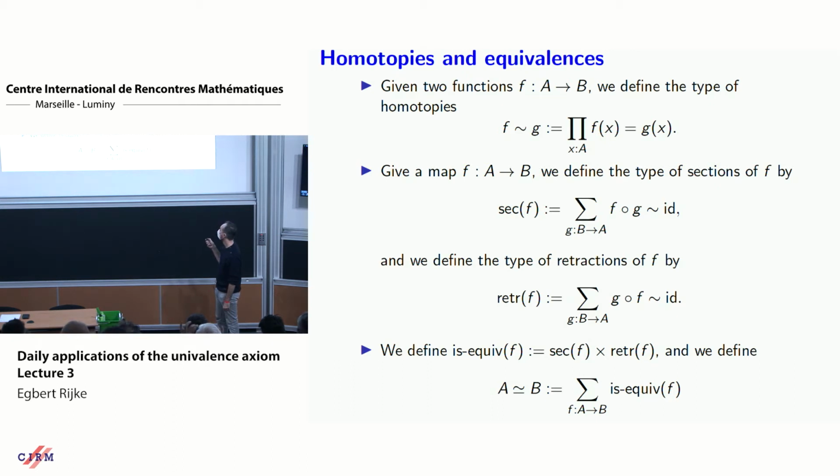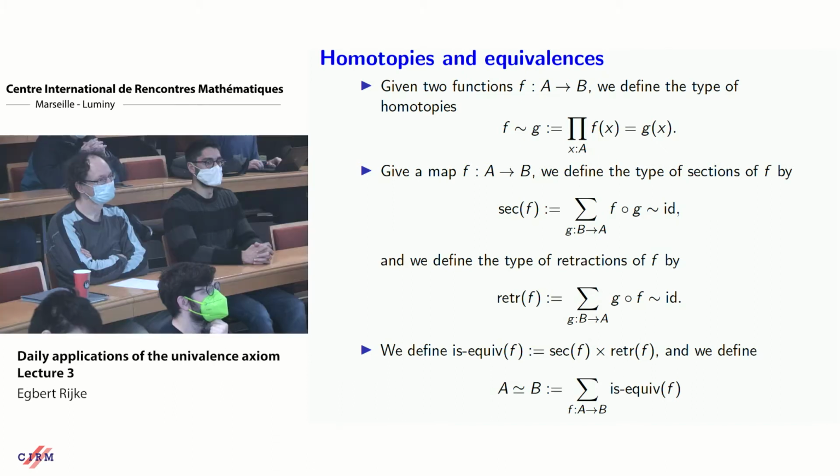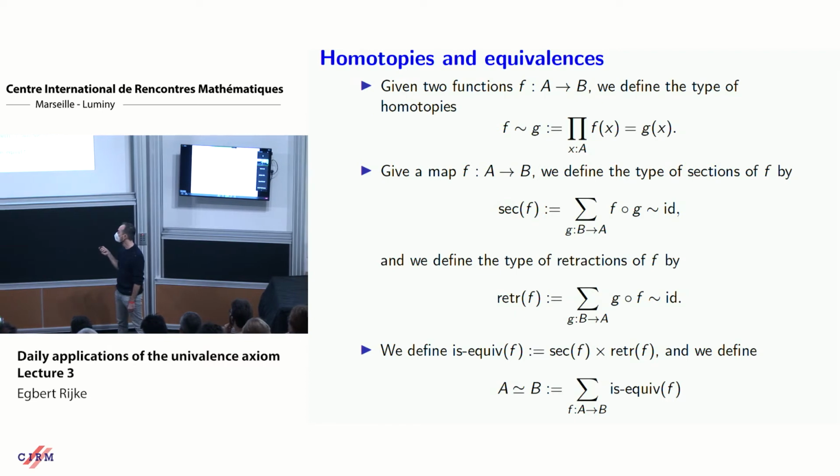And the product of these two spaces, that is the type isequiv F. But this is, of course, a family of types that depends on F. So it's a Cartesian product, this product. But if you would do semantics, then you would probably take somehow the total space over all F and see it as a fiber product. So you can see it both ways, I think. But it's a Cartesian product. I don't know if the person who asked me that question is in the audience.